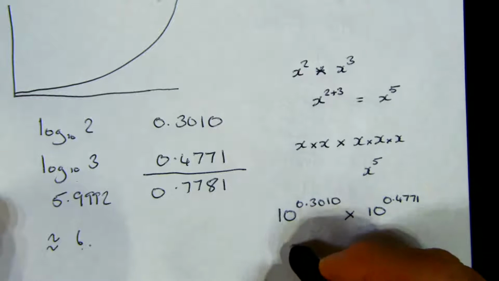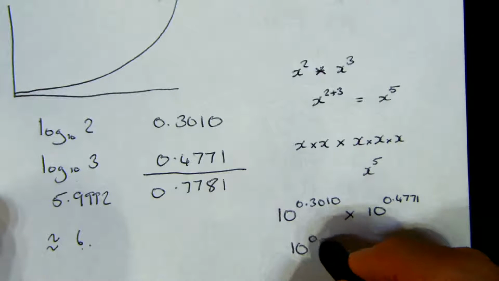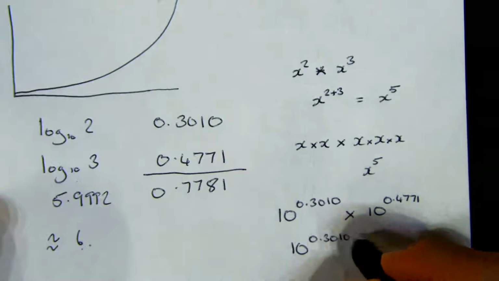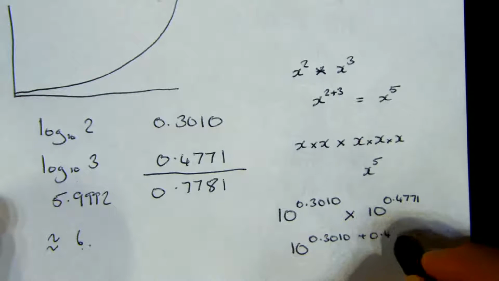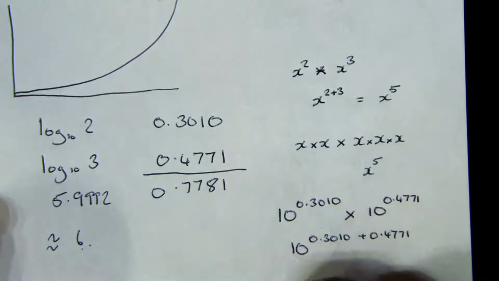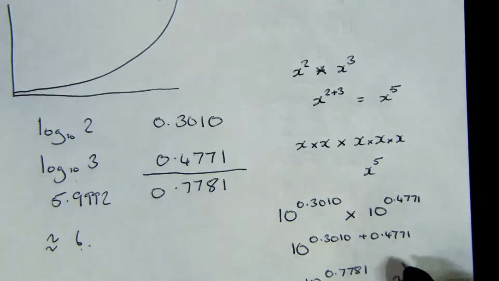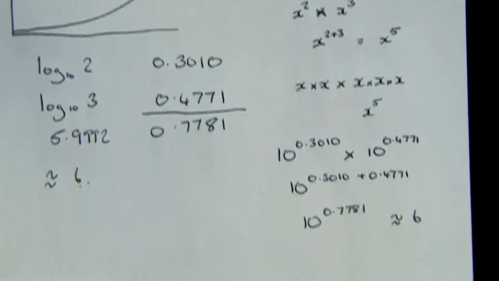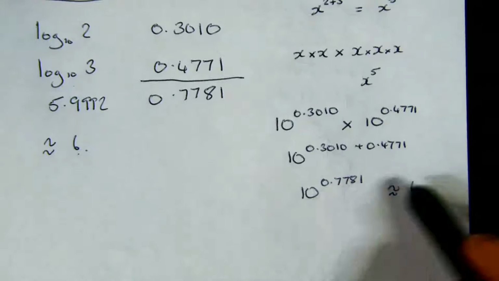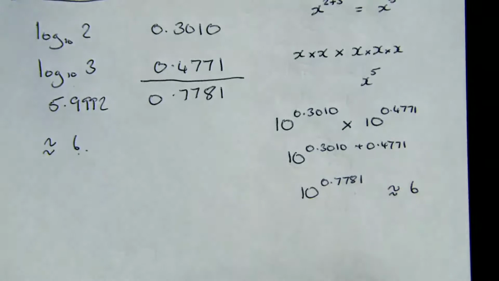And if I simply add those together, I get 10 to the power of 0.7781, which is approximately equal to 6. It would have been better to be 6 if I had actually put all the digits in. But I was trying to make my life a little bit easier.